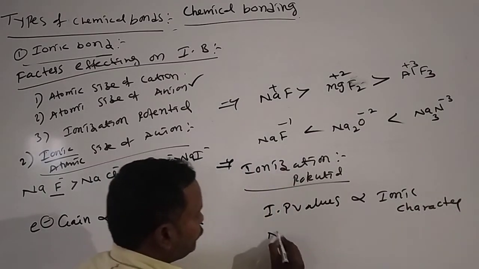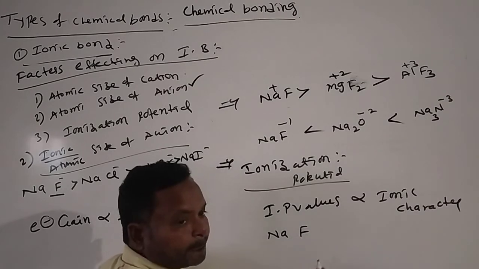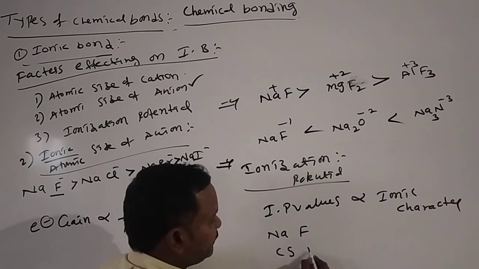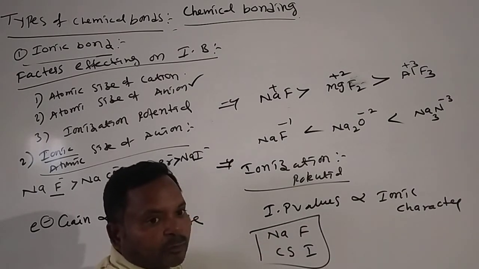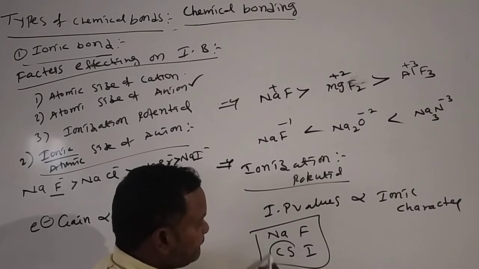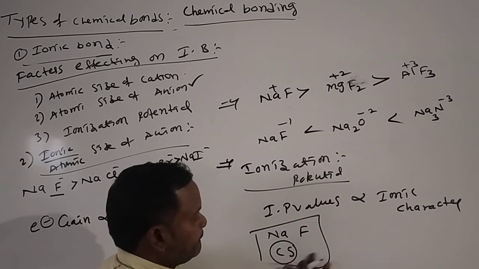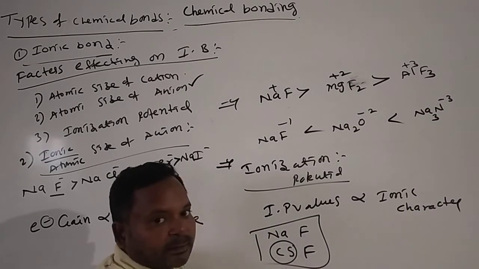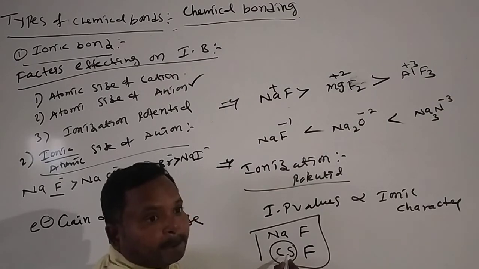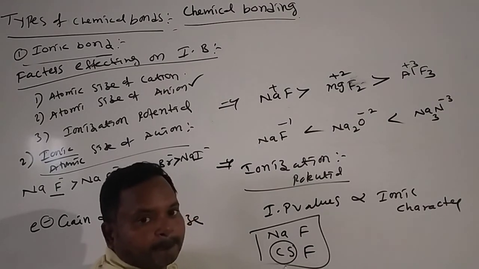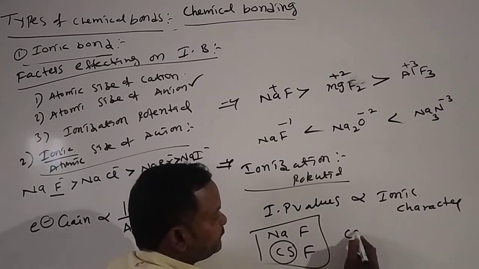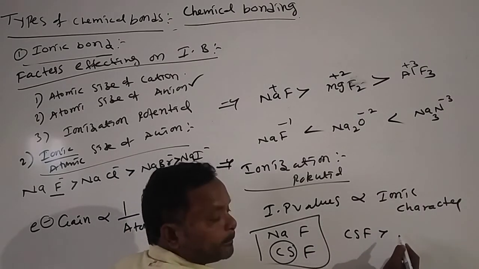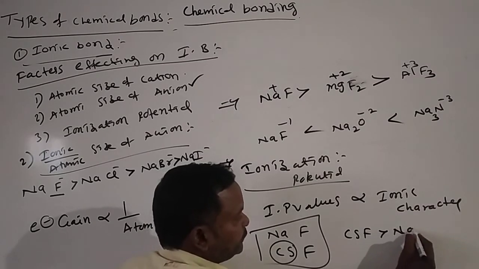Suppose sodium fluoride and cesium fluoride: which has more ionic nature? Cesium fastly forms the cation, so cesium fluoride has more ionic character than sodium fluoride.